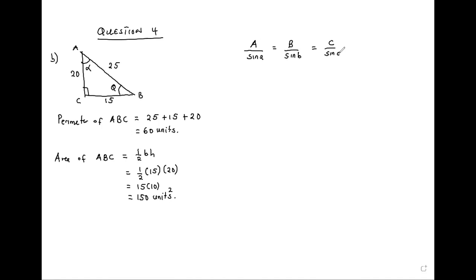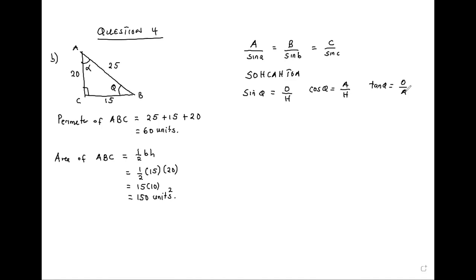Or since you are doing the right angle triangle, we also know that sine theta is opposite over hypotenuse, or cos theta is adjacent over hypotenuse, or tan theta is opposite over adjacent.